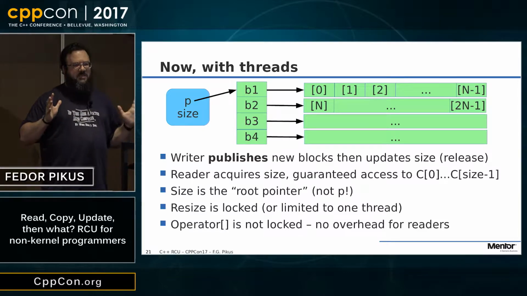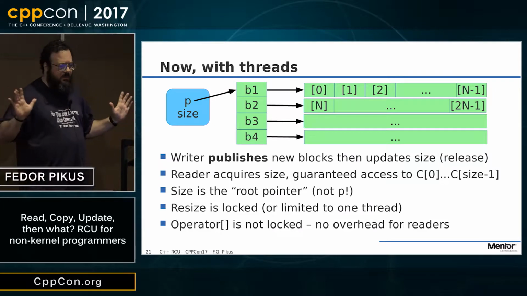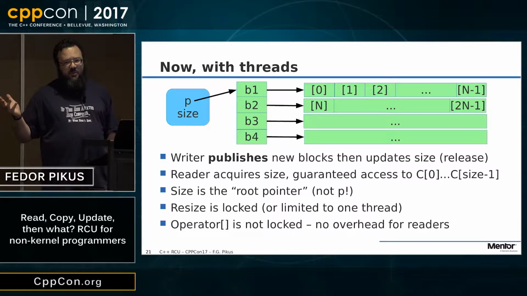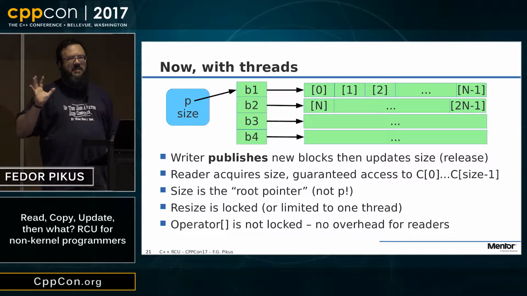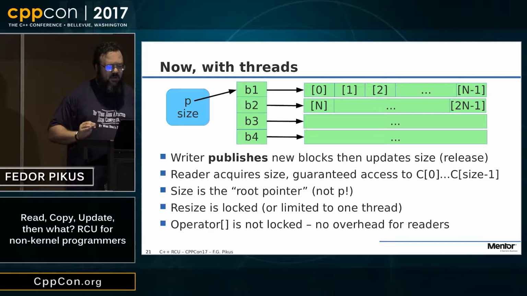So you can only access as many elements as the size tells you are present. So the root pointer here isn't actually a pointer at all, and the thing that is a pointer right next to it isn't the root pointer. I'm still going to call it the root pointer. Maybe a root token would be a more generic word. Basically, it's the thing that lets you access the data that is safe to access. So size here tells me what is safe to access.